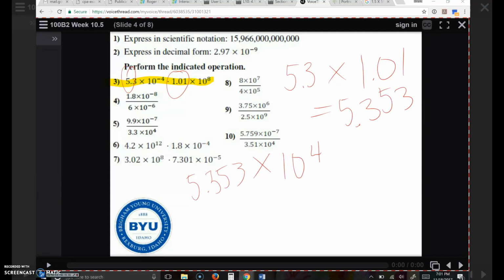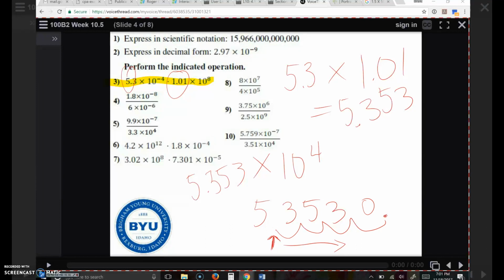And what this literally means, I'm going to write it down here again. 5.353. What this means is this positive 4 here means that we are going to take this decimal place and move it to the right 4 places. 1, 2, 3, and one more trailing 0, 4.